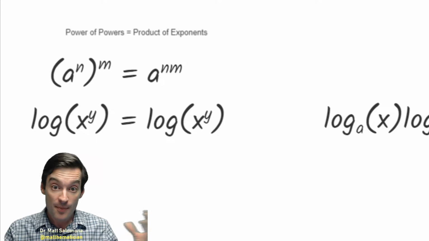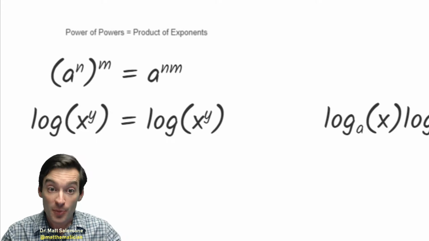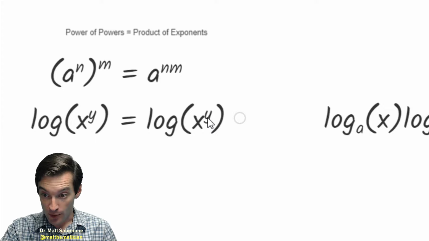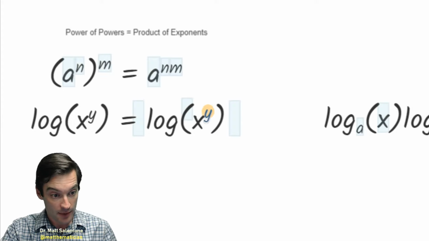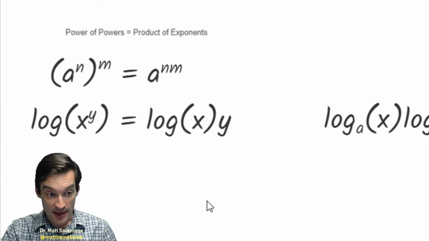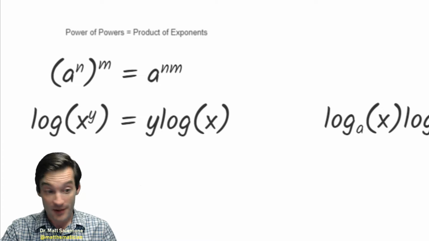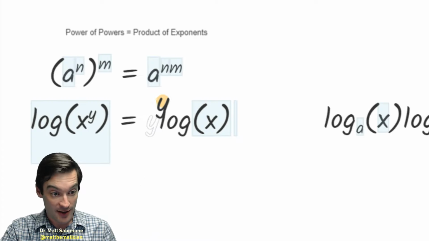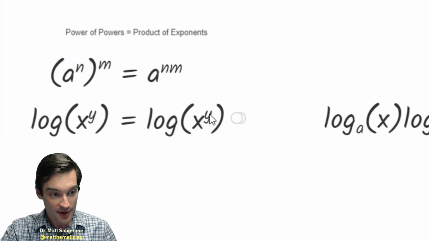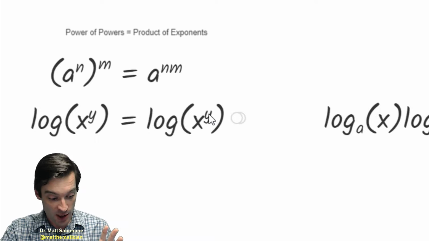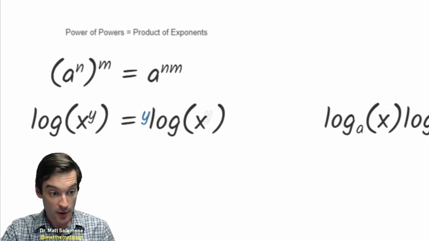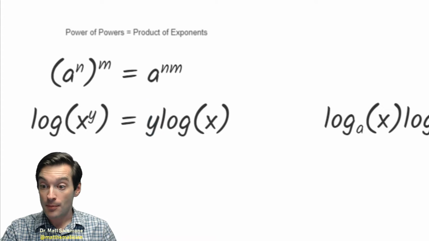So the log of a power is a multiple of that log. In other words, the log of x to the power y can be rewritten by taking that y outside the log and making it multiplication. Very often in a textbook you'll see it written out in the front like this. So often how I like to see this is that when the argument of my logarithm inside is being raised to a power, we can just take that exponent and pull it out in the front and make it a multiple instead.